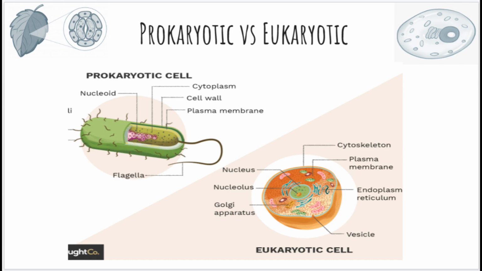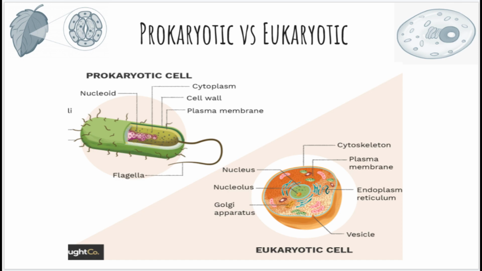The prokaryotic cell contains chromosomes which are single stranded, that is a single thread of chromatin material is present, whereas eukaryotic cell contains more number of double stranded chromosomes that are responsible for doing their function.